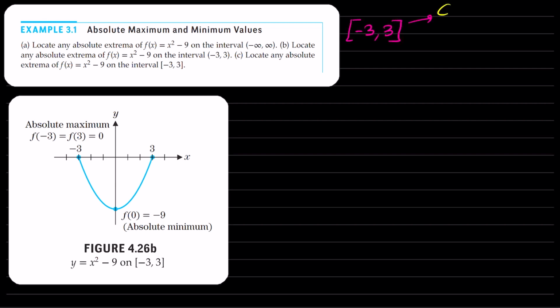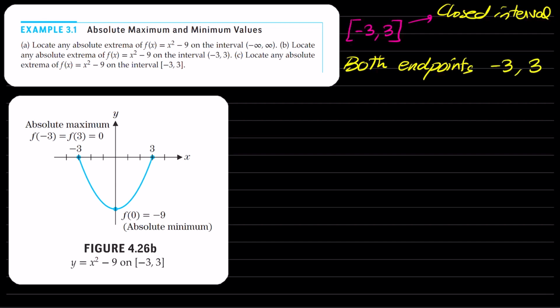This is a closed interval, so both endpoints, -3 and 3, are included in the interval.